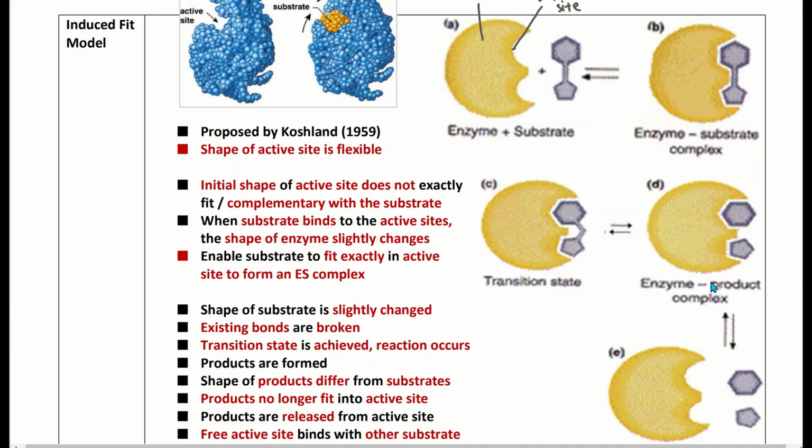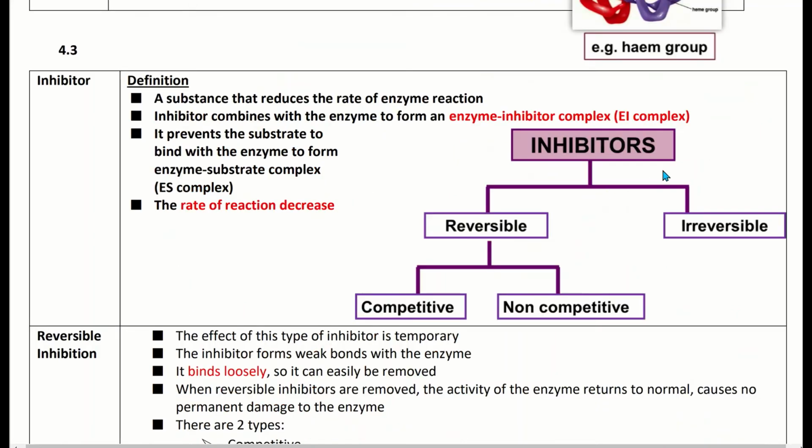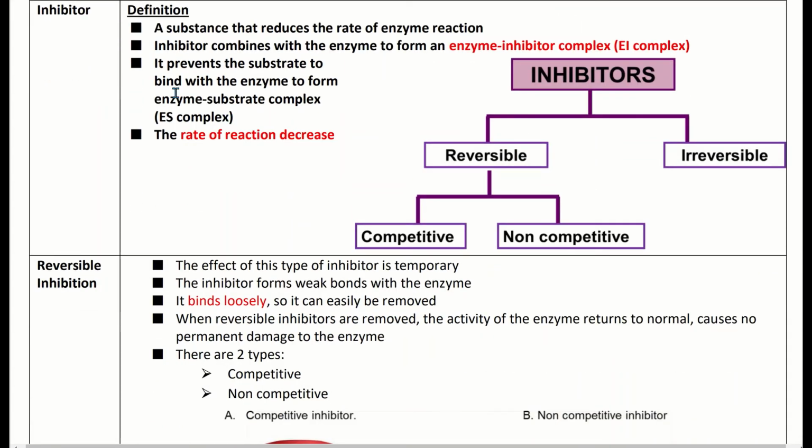Okay, bila dah jadi produk, jadi enzyme product complex. Tengah-tengah dia ada transition state. Antara dua ni kat tengah-tengah ada transition state. So bila wujud inhibitor, inhibitor tu bind dekat enzyme jadi EI complex. Okay, so bila tak dapat nak form enzyme substrate complex, the rate of reaction pun decrease.